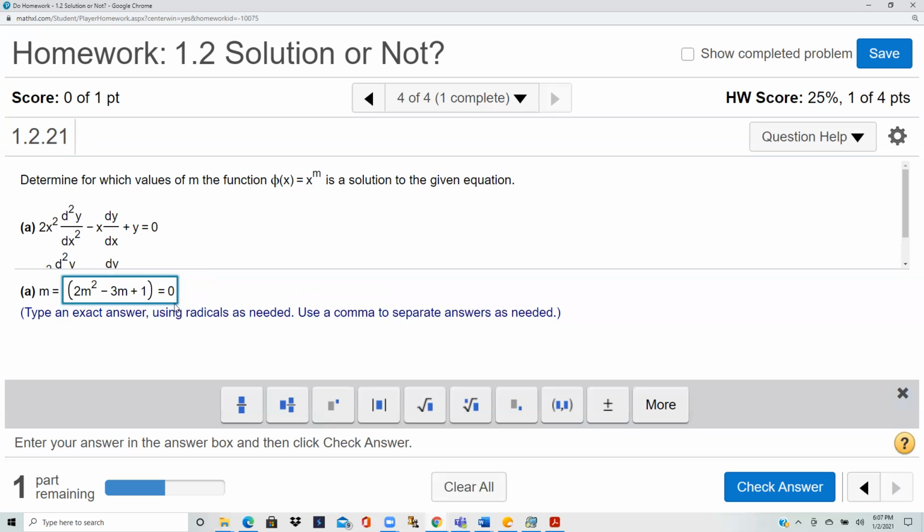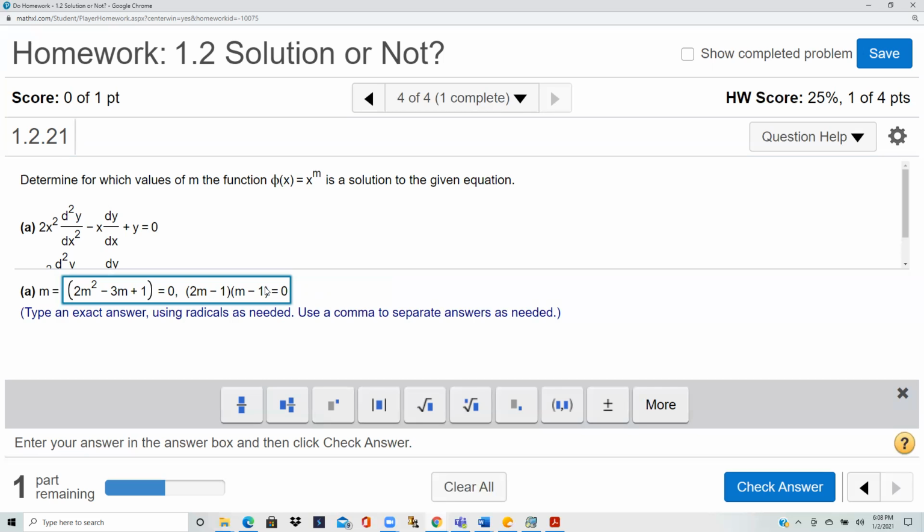And now let's see how this factors. This factors into, is it 2m minus 1 and m minus 1? And from here this one gives me m equals a half, and this one gives me m equals 1.